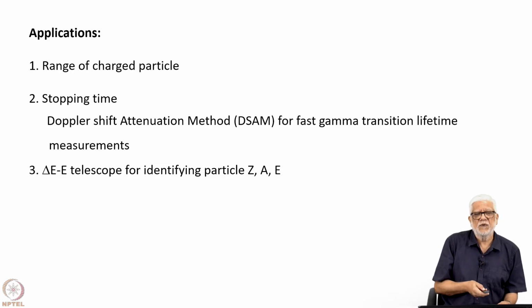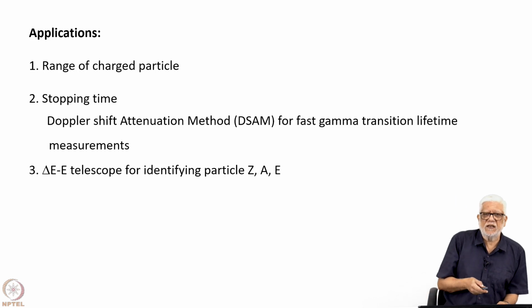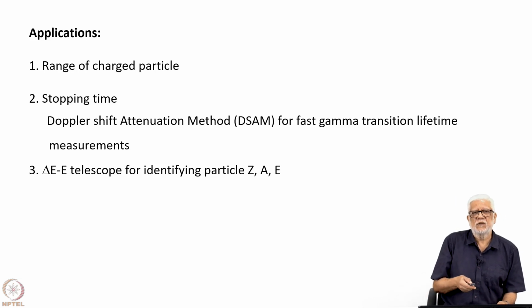And then a method to identify particles through identifying the Z, A and E, using the delta E telescope. So you have a thin detector and you have a thick detector, and you get bands in that, and we'll see how you can identify each of these Z, A and E.